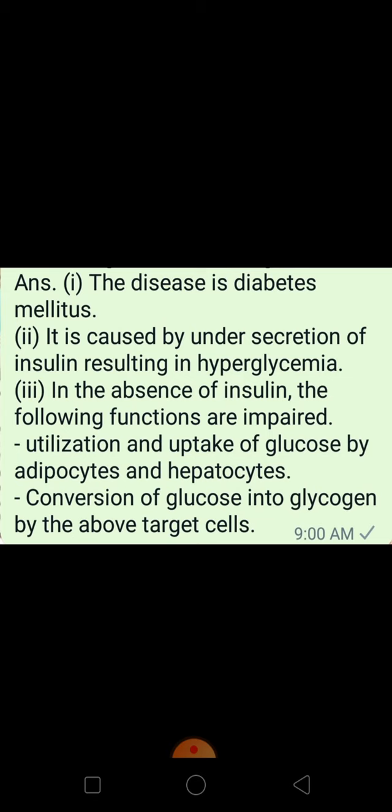Then, conversion of glucose into glycogen by the target cell is not done. When insulin is secreted in less amounts, all these things occur, and due to this, the level of glucose increases in the blood, which leads to a condition known as hyperglycemia.